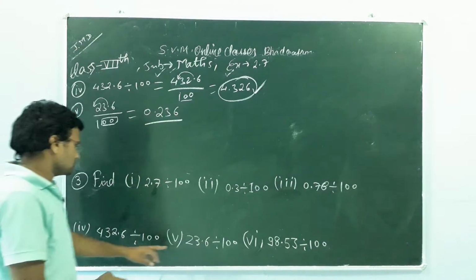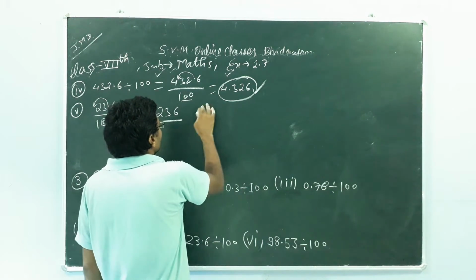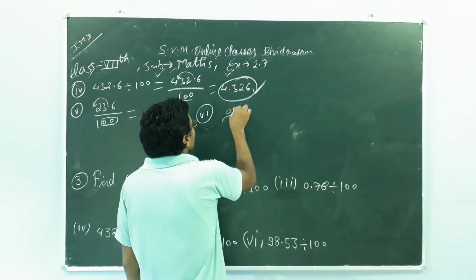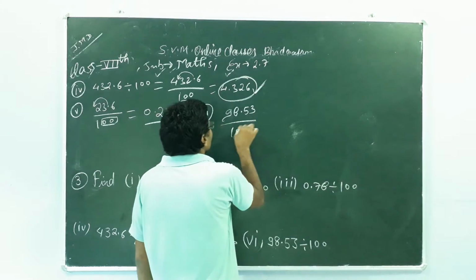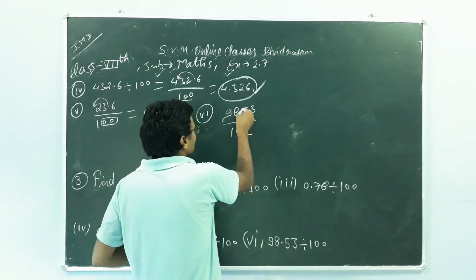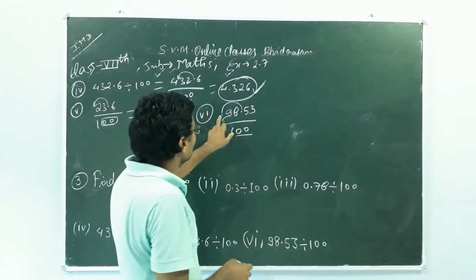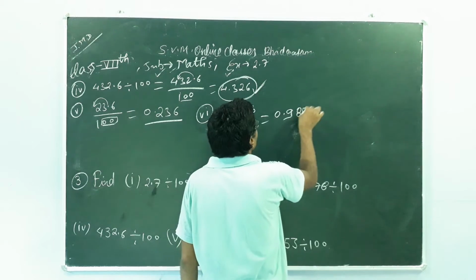Now next one is the sixth one. Sixth one is 98.53 divided by 100. Now 2 zeros are here, so our point will jump 2 digits and come over here. So our answer is 0.9853.